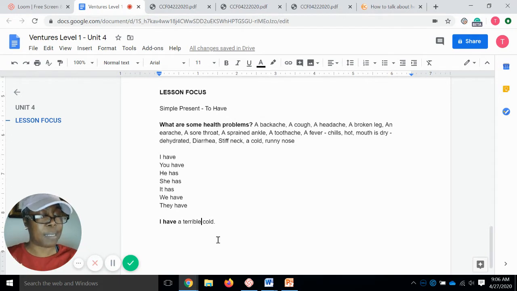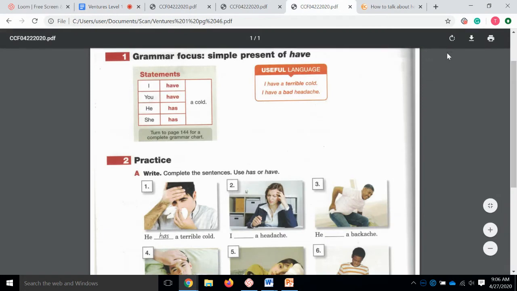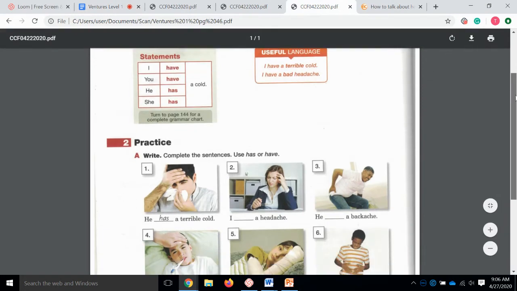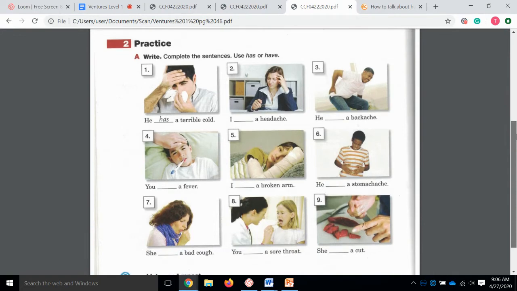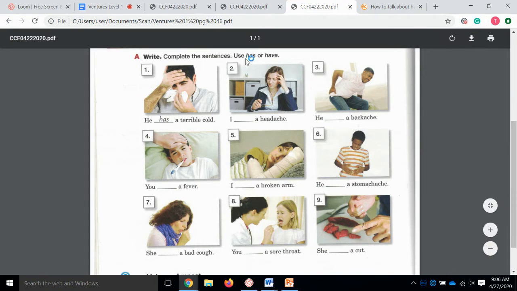So let's look at the exercise on page 2A, right? We are going to complete these sentences using either has or have.